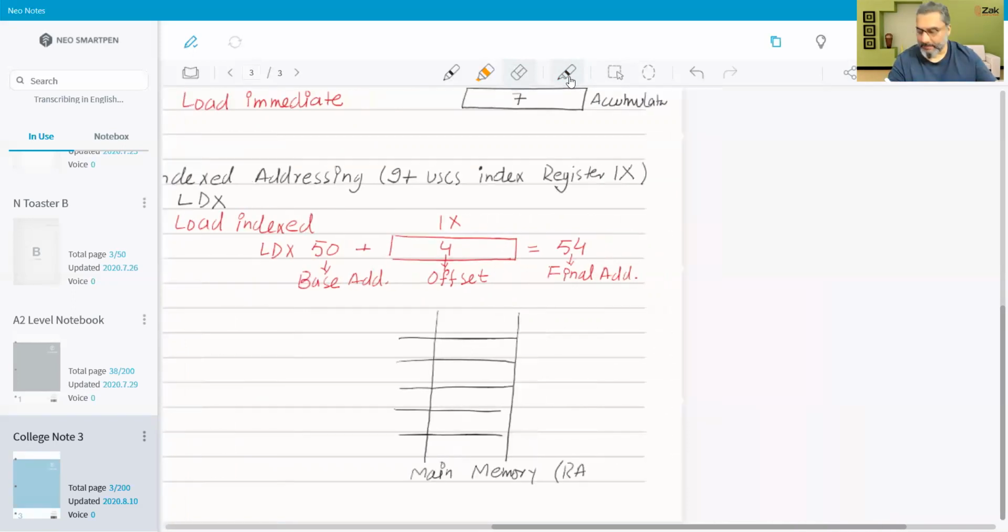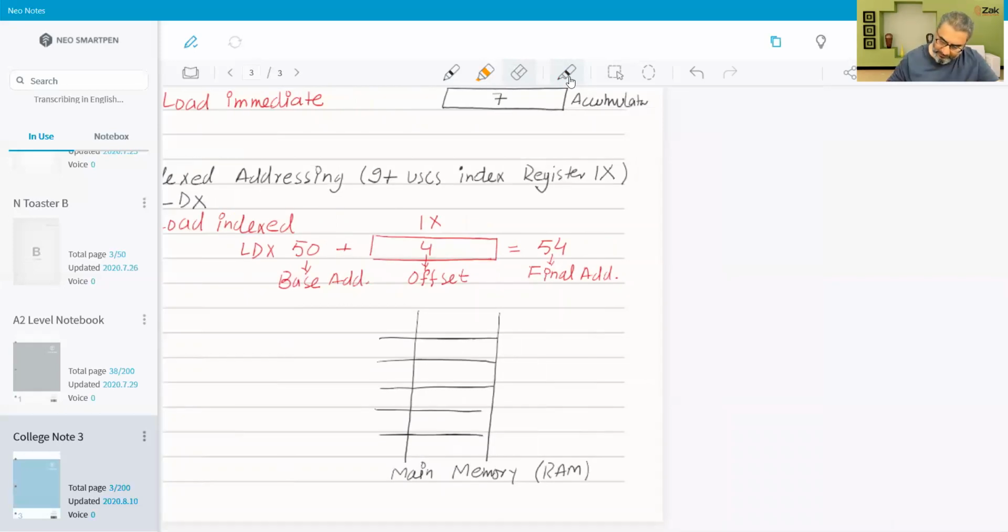All right, so this is my RAM. So this is address 50, 51, 52, 53, 54, and 55. Okay, and I have got these values placed in it: 7, 8, 9, 10, 11, and 12. This is the data at these addresses.